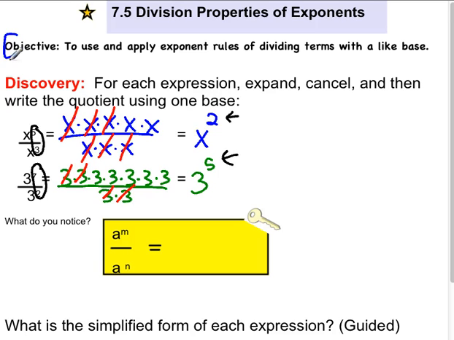And I hope pretty quickly you're going to recognize that the rule when you're dividing is you subtract. Okay? And that kind of makes sense. If multiplication is linked with addition, division would likely be linked to subtraction.